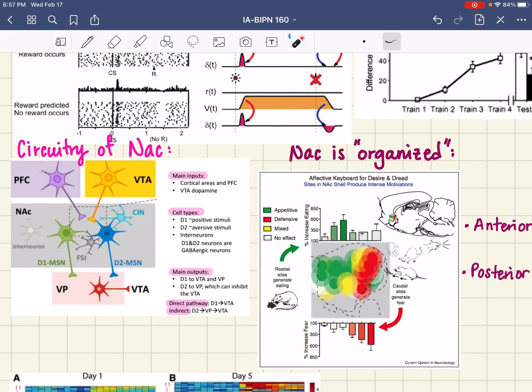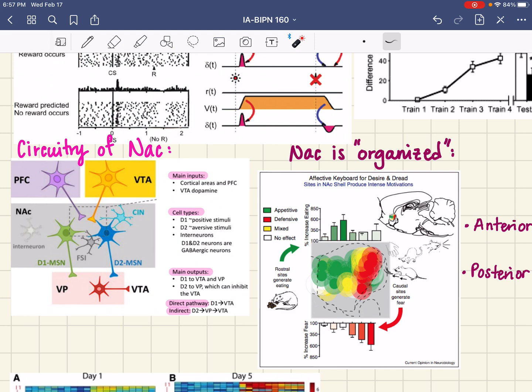So to break this down, this here is the VTA, and the VTA projects to the nucleus accumbens, and then the nucleus accumbens projects to both the VP and back to the VTA. Okay, there is also input into the nucleus accumbens from the prefrontal cortex.